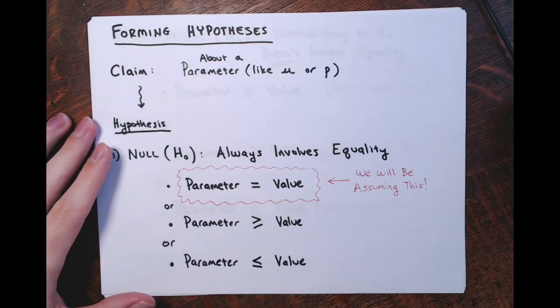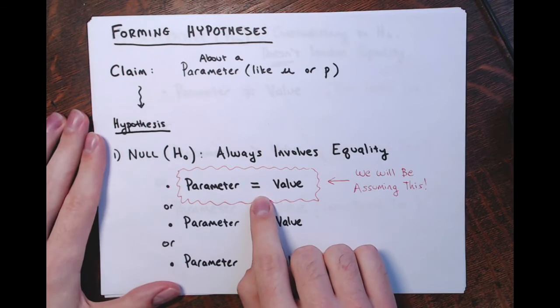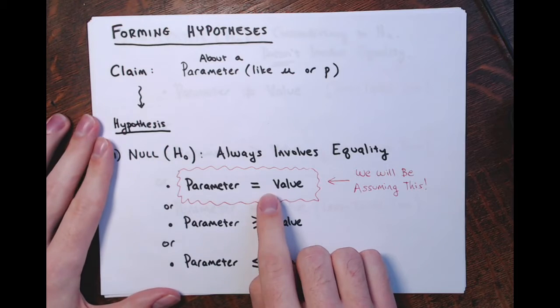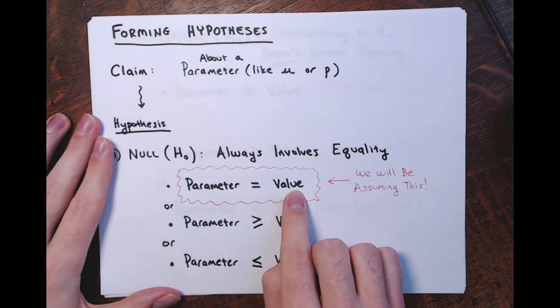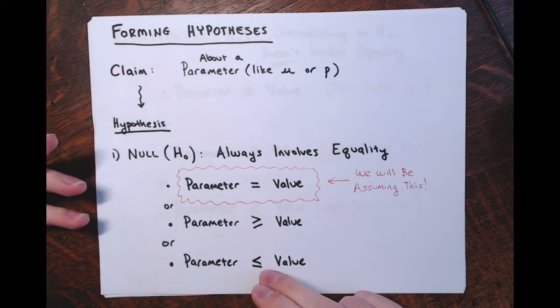We'll go into all those steps in other videos, coming up later. But for right now, stick to the equals. So the null hypothesis will be what we're going to be assuming is true, that the parameter is equal to some value. Again, just know that it could take on these other forms: greater than or equal to, less than or equal to.